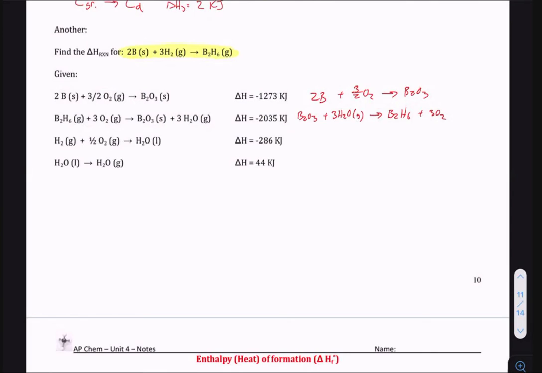So I need to find where water is in gas form, which is on the bottom. And if there's 3 moles of water gas on the reactant side, then I must have 3 moles of gas on the product side. So that means this reaction at the very bottom, I'm going to multiply by 3.